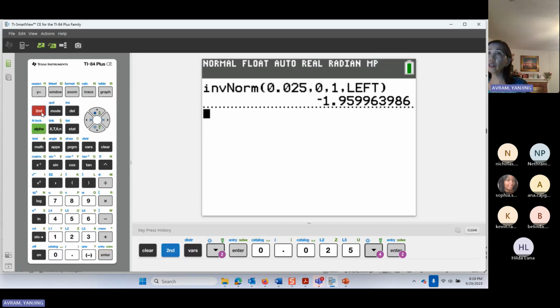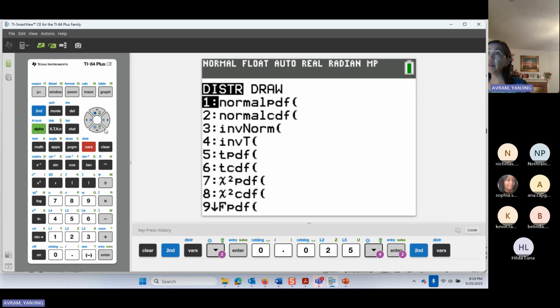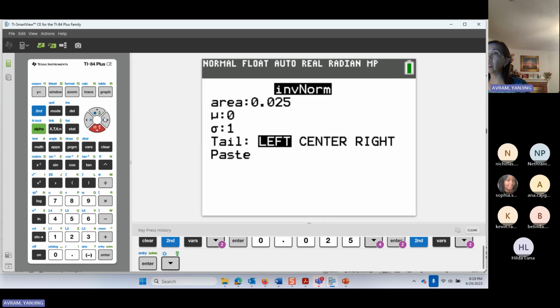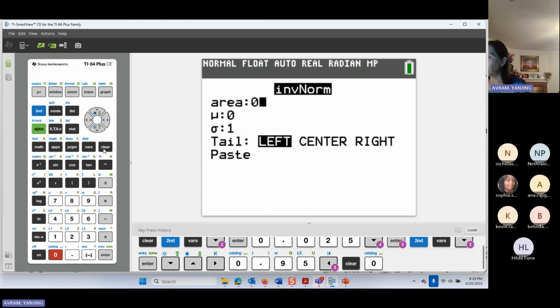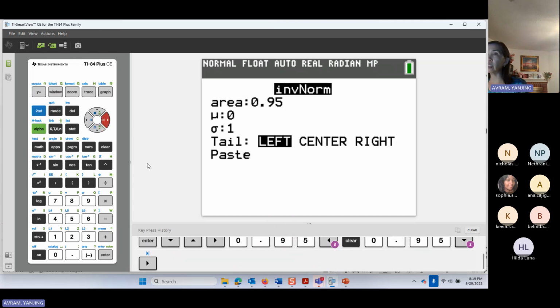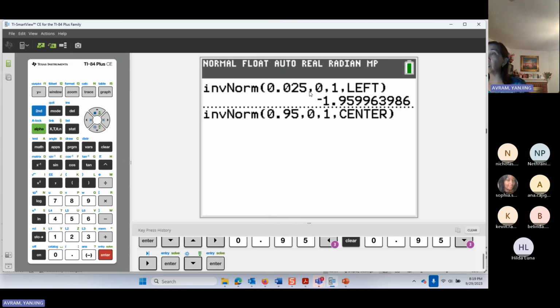I can also show you, if you have a current version of the calculator, I can input 0.95. I don't really have to calculate the tail. I just say this is the area in the center. If you do not have this interface, the default is to the left.